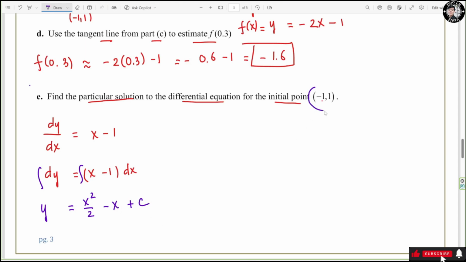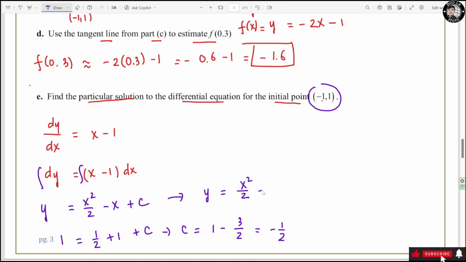And we're going to use the initial condition right here. So s equals -1, y equals 1 to solve for c, right? So you have 1 equals 1 over 2 plus 1 plus c, right? And then c equals 1 minus 3 over 2, and it's going to be -1 over 2, right? So the equation becomes y equals s squared over 2 minus s minus 1/2, right?